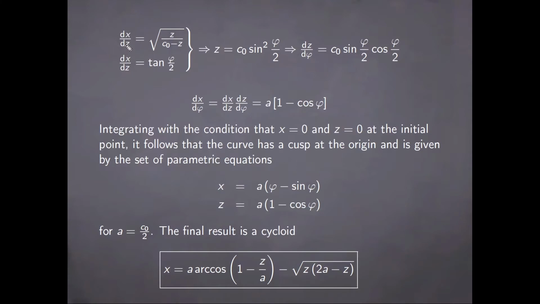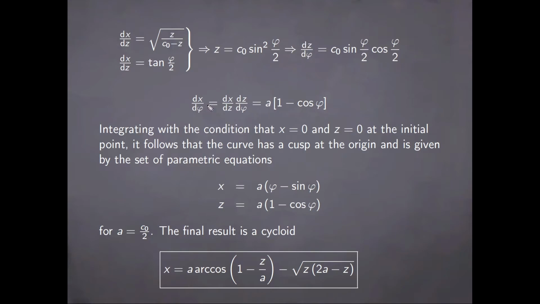So inverting z dot means that I'm looking at the derivative of x with respect to z, which is just the square root here. And I can use the additional change of variables dx over dz being equal to the tangent of phi over 2. And then it follows immediately that z is being given by the expression here. And I can take its derivative with respect to phi to obtain the result here.